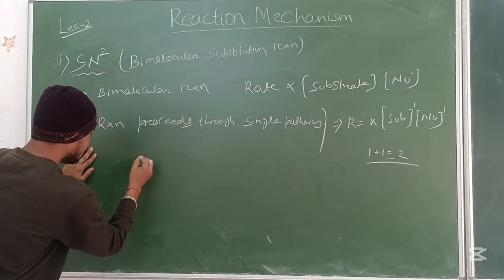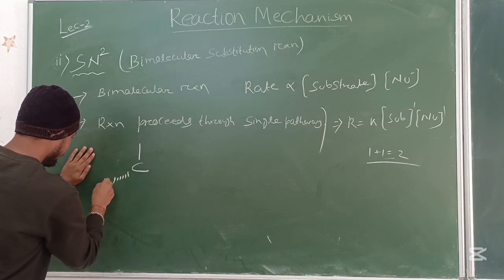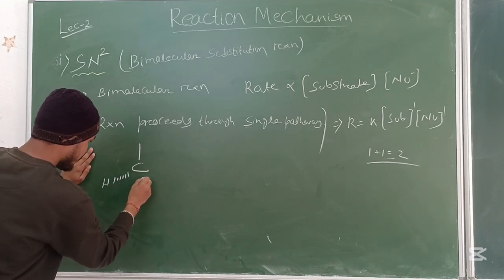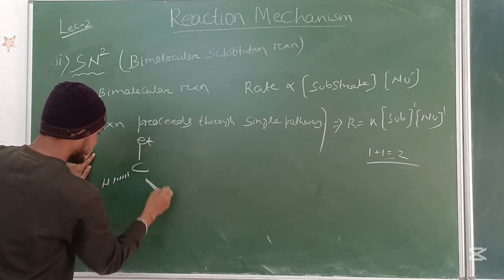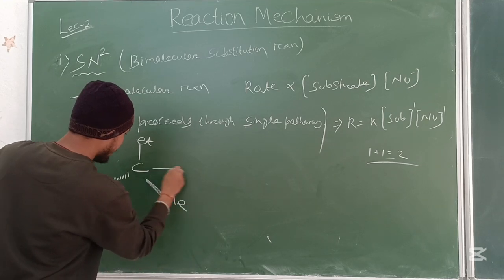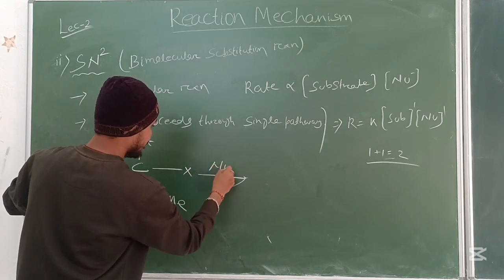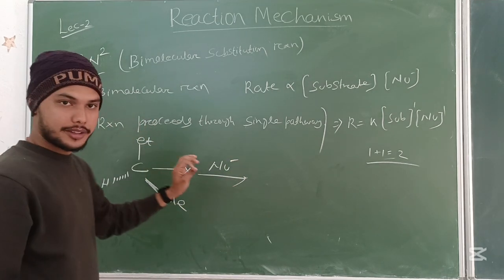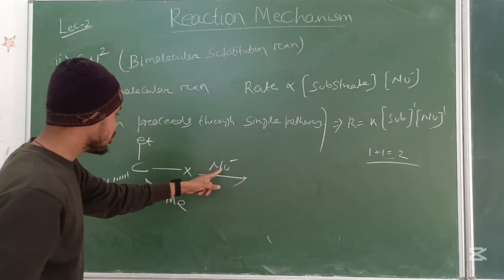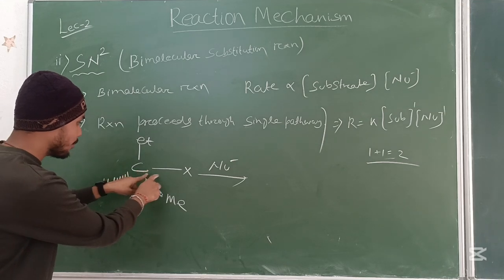If this is a carbon, and here a nucleophile is coming in, the nucleophile attacks the sigma antibonding orbital of the carbon–leaving group bond.